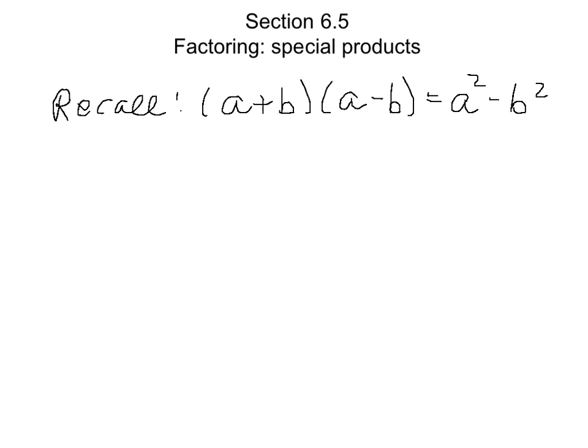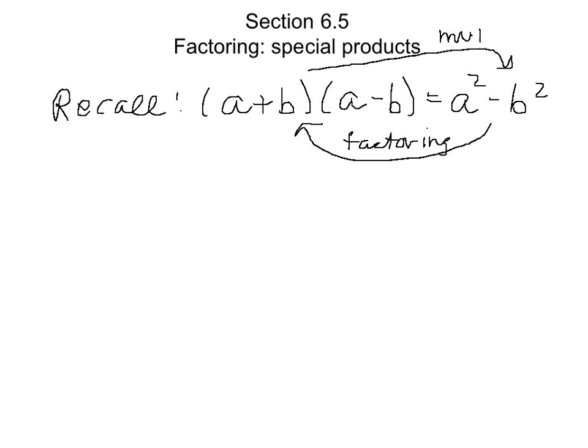So really, if you think about going from here to here, that's factoring. When we go from here to here, we're multiplying. So, for example, suppose I have a really simple problem, like x squared minus 4y squared, and I want to factor it.